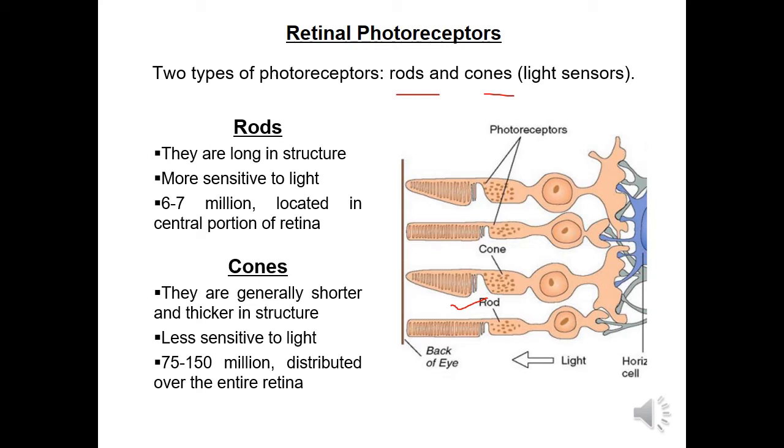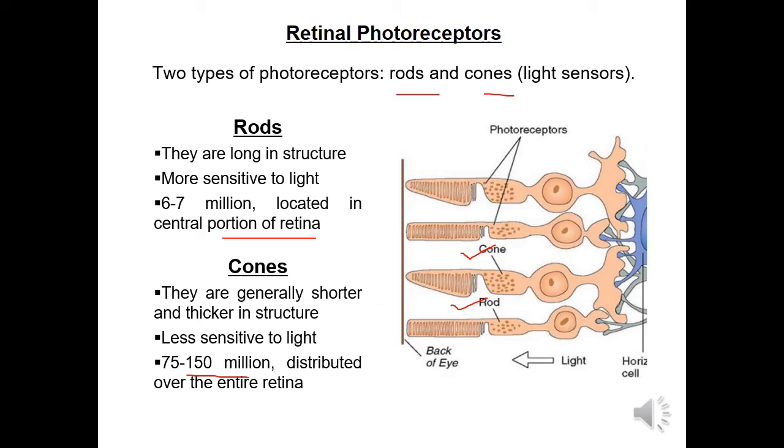Rods are more sensitive to light, and approximately 6 to 7 million rods are located in the central portion of the retina. Cones are generally shorter and thicker in shape. They are less sensitive to light, and approximately 75 to 150 million cones are distributed over the entire retina.